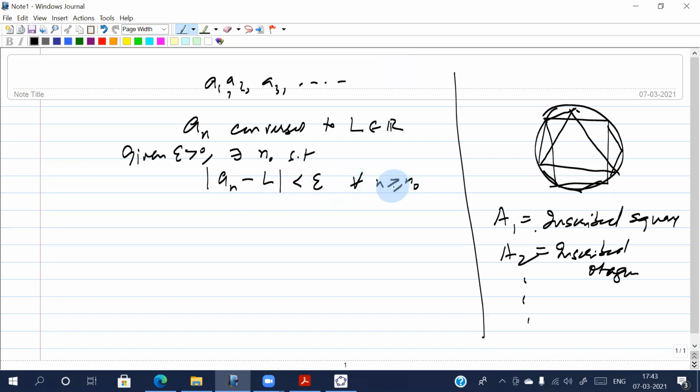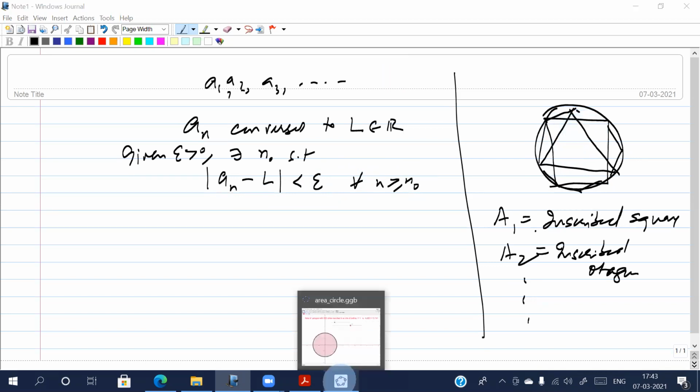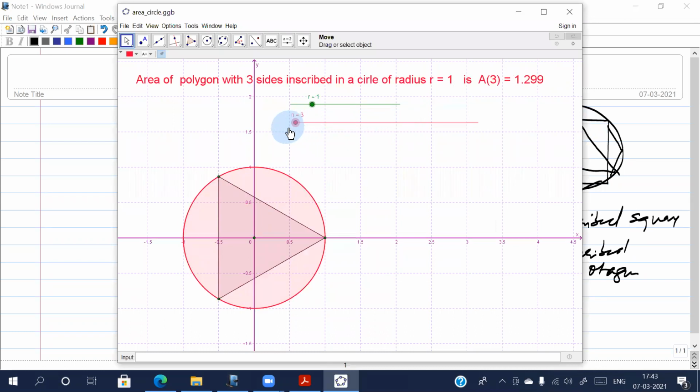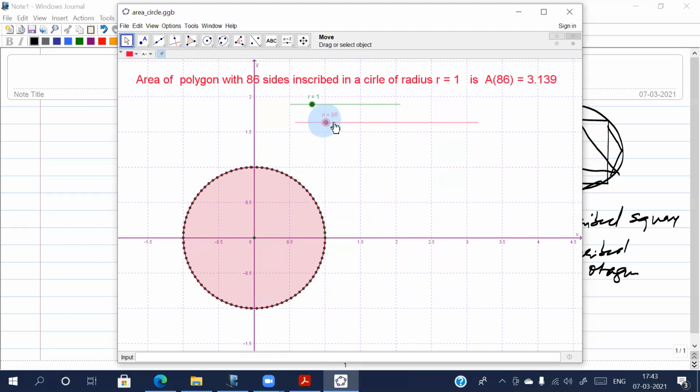If you keep this in mind, the n-gons are filling more and more of the area. When you start with 3 and increase the number of sides to 7, 8, 9, you can see it's filling more and more of the area.